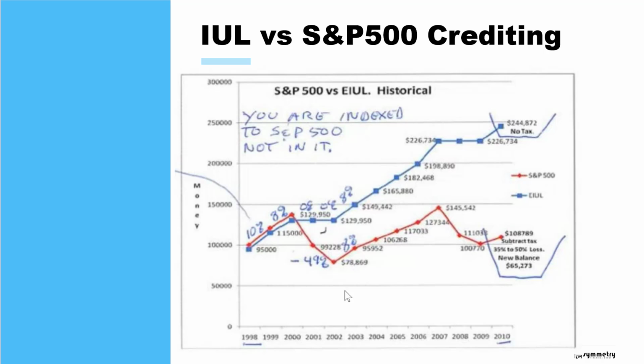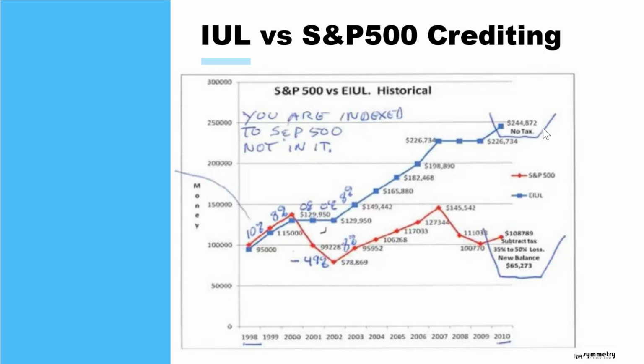Then in 2002, when the market starts to go up again, the index universal life also goes up in line. Most likely there's a cap. However, in these years, it didn't go above the cap, so we don't see any capping needed. Then in 2009, 2010, when we had that market fall again, our index universal life stays level. And then it goes up again the next year when the market goes back up.